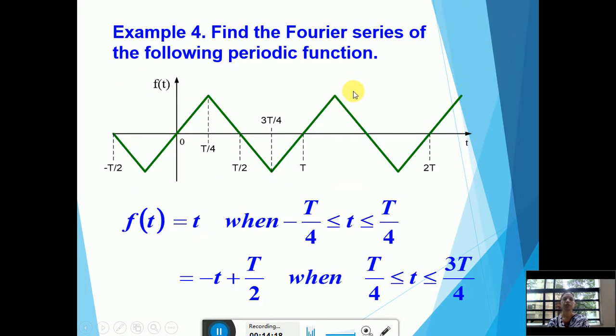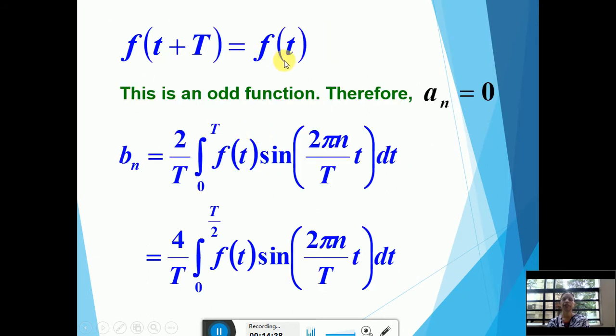So let us see this function. Its value is t between the limits minus T by 4 and plus T by 4, and it is minus t plus T by 2 for T by 4 to 3T by 4, between these two limits. So for this function, f of t plus T is this. It's an odd function, so this is 0. Bn is calculated using this relation.